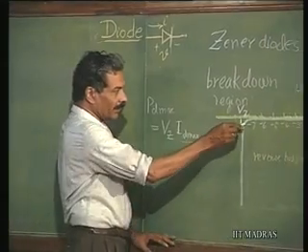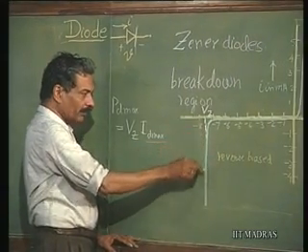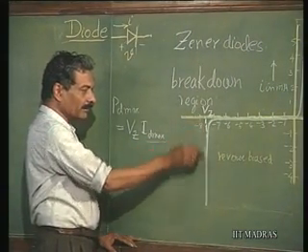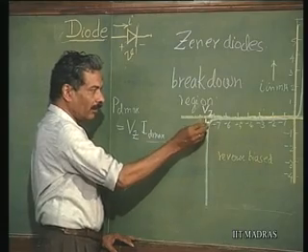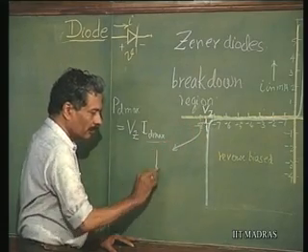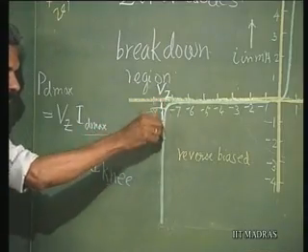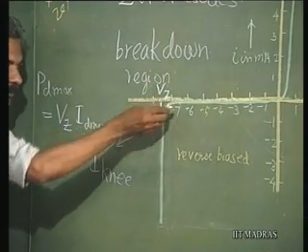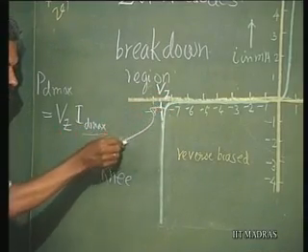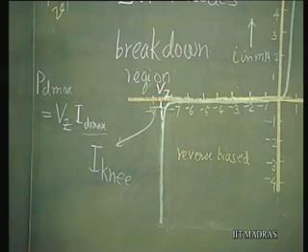Then there is also a current beyond which this voltage is going to be pretty constant, and that is called I knee current. This is in the form of a knee, right. So, this is called the knee current.